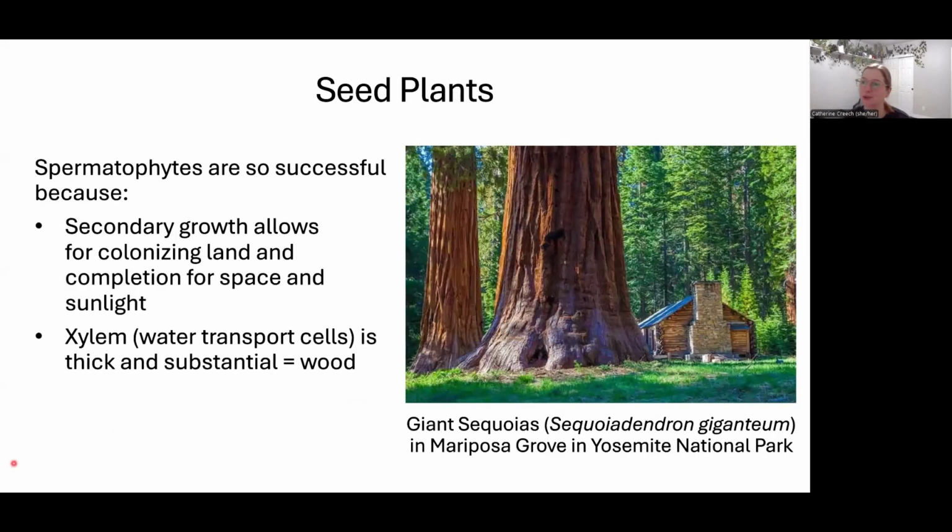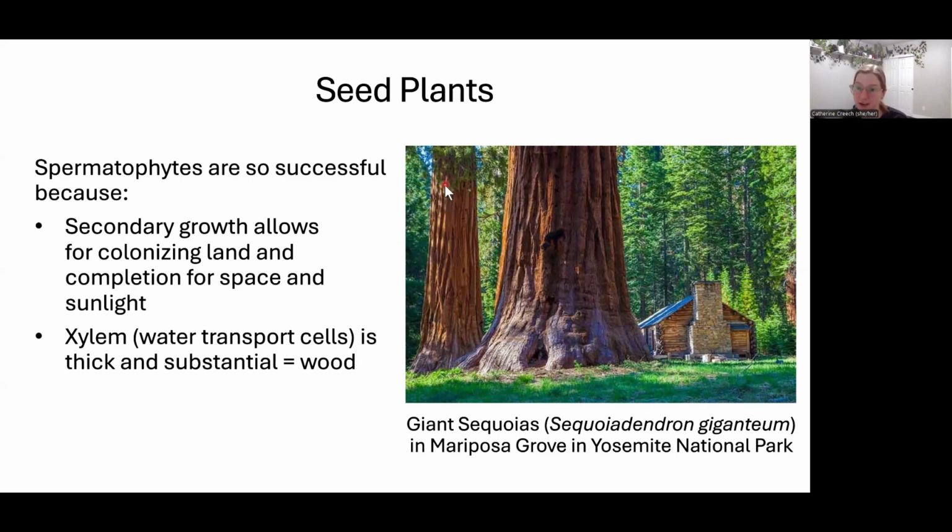Spermatophytes are also so successful because they have secondary growth. That allows them to grow outward, so now they get girth. When you have girth, you can create a taller plant because you can structurally hold it up against the wind and gravity. It allows these plants to compete for space and light because all of the photosynthetic parts of the plant are up higher with higher access to sunlight.